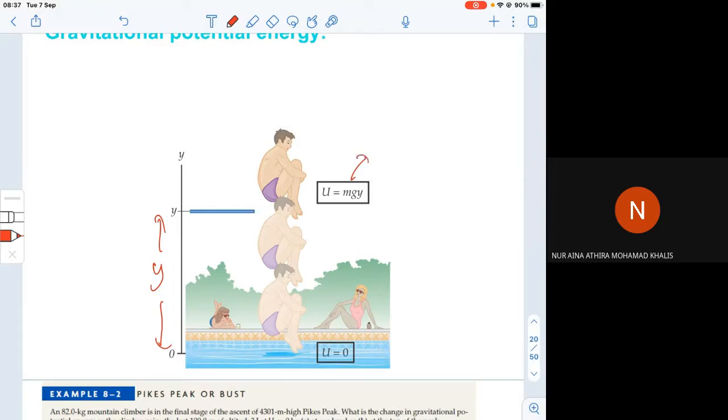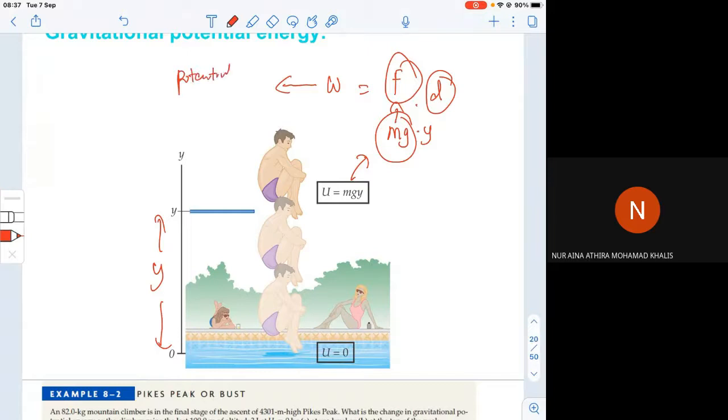If you look carefully, the potential energy comes as mg times y. So mg is force and y is the displacement. Therefore, this is a kind of work, and this kind of work we consider to be potential energy, so it has its own name, which we call potential energy.